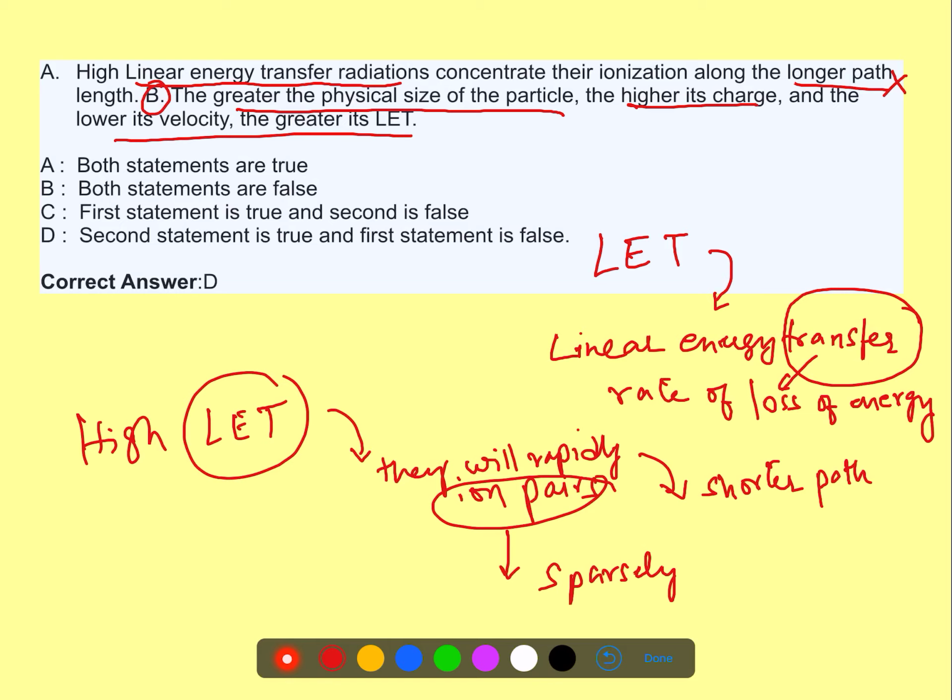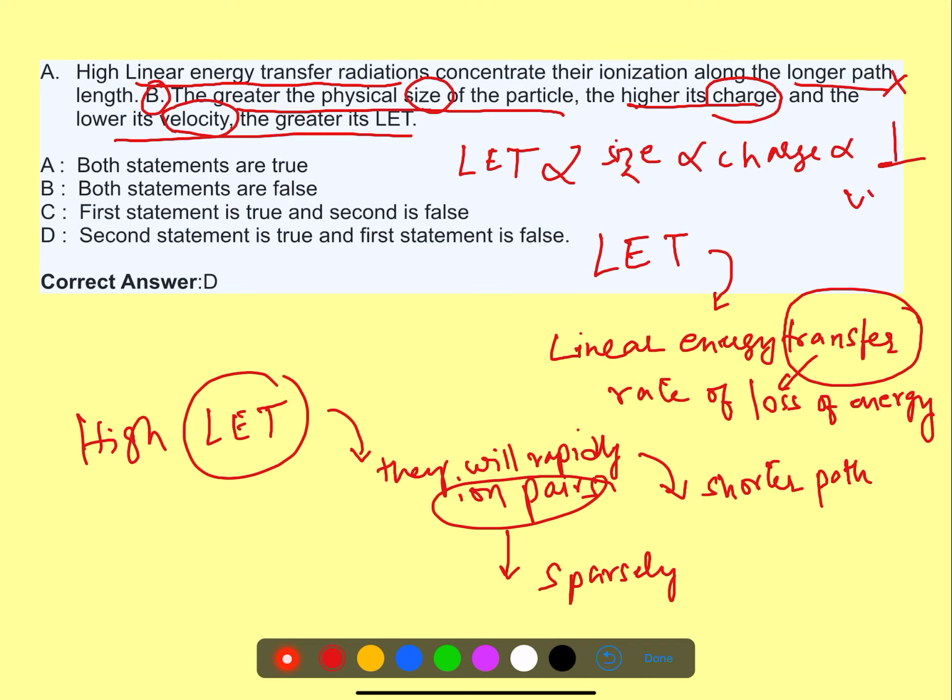Going to the second statement, greater the physical size of the particle, yes, if the size is large, then the charge is also large, but as it is a heavy atom or molecule, it cannot move fast, hence the velocity is low. So this statement is correct, and all this is related to greater LET. LET is directly proportional to size and charge, whereas inversely proportional to velocity.